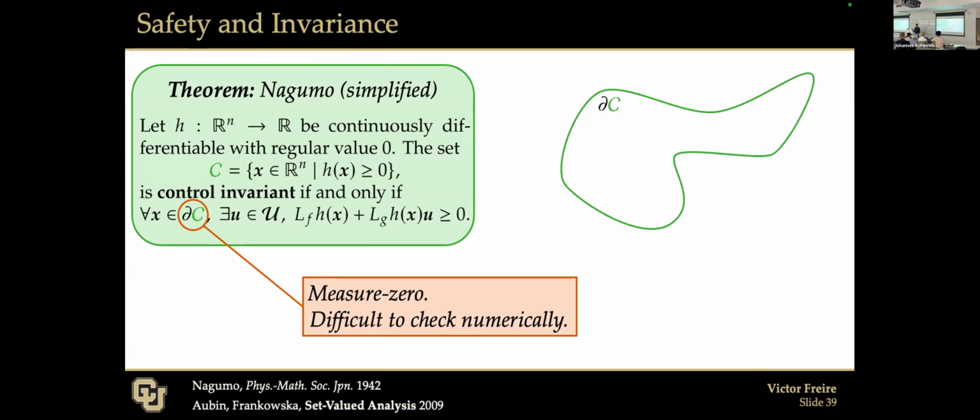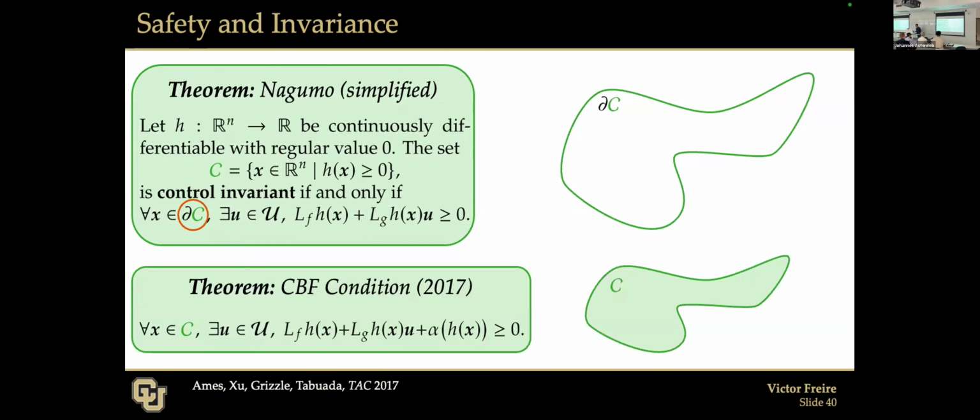So that's the intuition for the difficulty of applying Nagumo's theorem in practical examples. Control barrier functions address exactly that drawback by extending this characterization of control invariance to the entire set, not just the boundary. So that helps us computationally to enforce this subtangentiality condition.